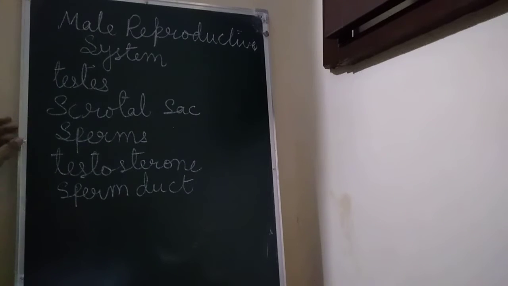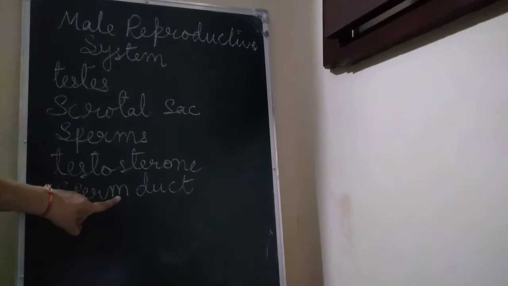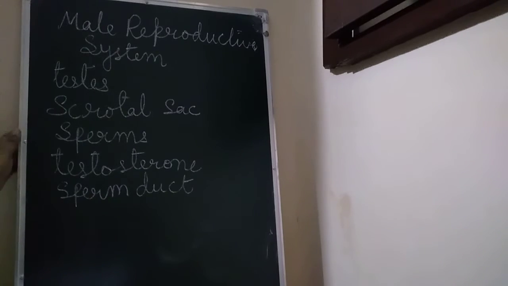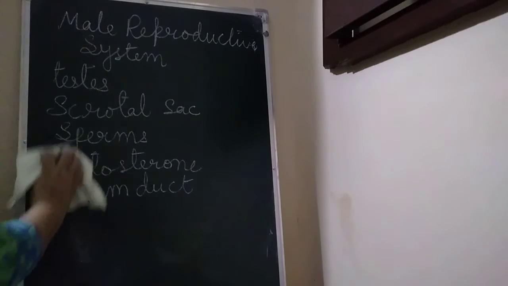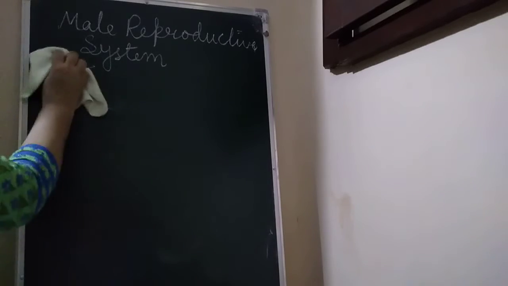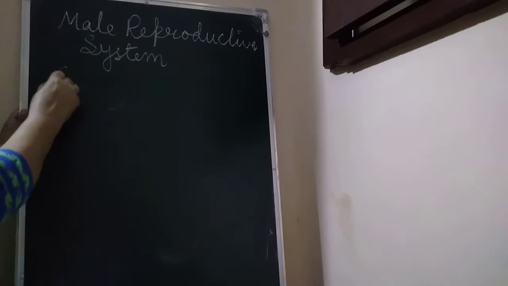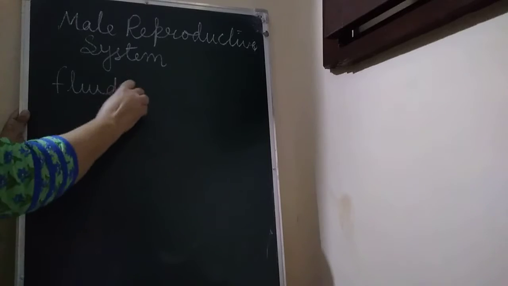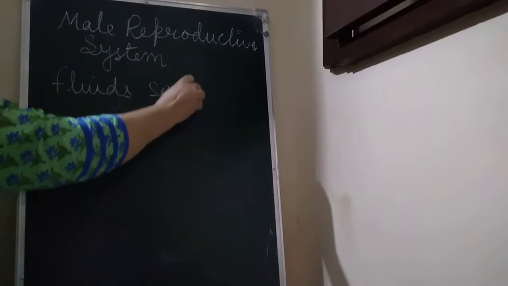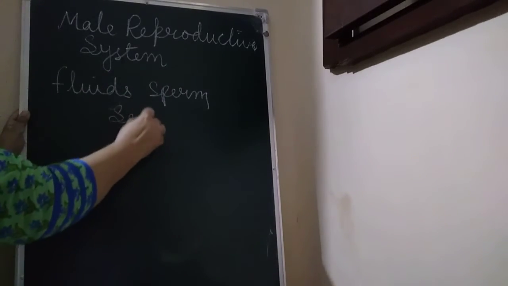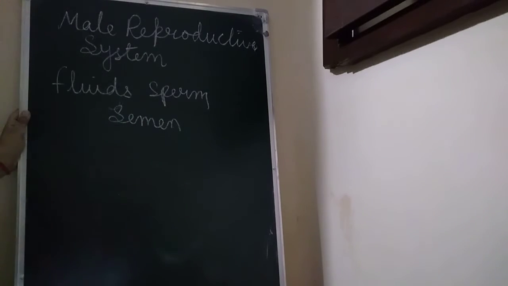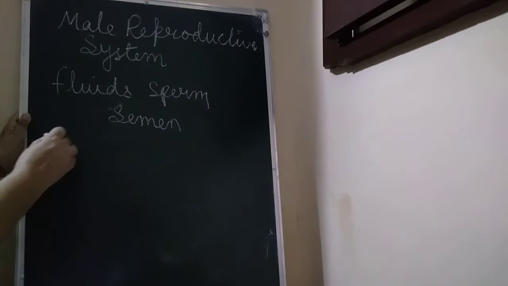As the sperms move through the sperm duct, fluids from 3 glands pour their secretion into the ducts, and the mixture of fluids and sperm is known as semen. The sperm swim in it and reach the urethra.